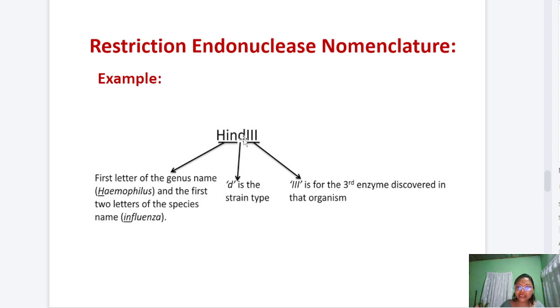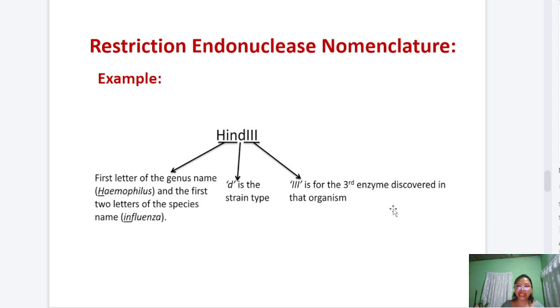Now, what is this D? This D is the strain type. As you know, in bacteria you will have many other strains. So when I say HindIII, D represents the strain type of the bacteria, and III is for the third enzyme discovered in that organism.